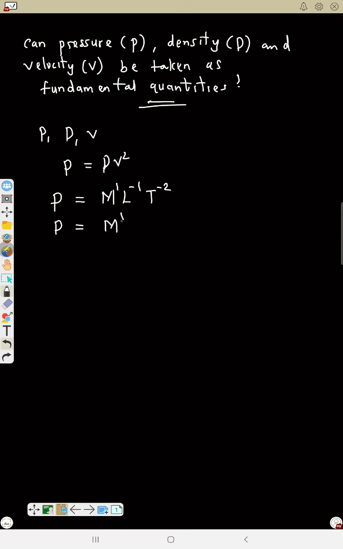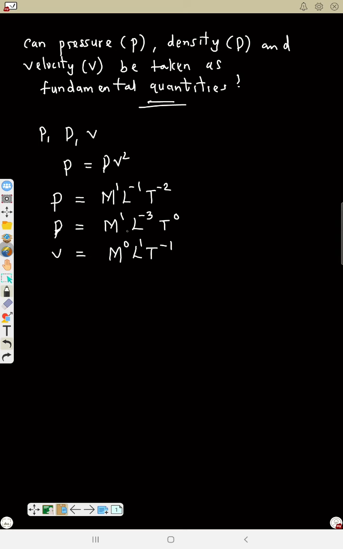That is M raised to power 1, L raised to power minus 3, then T raised to power 0. Density is mass over volume, that is M over L cube. If you check the first video, you will understand all this. Now the last one is velocity. That is L T raised to power minus 1. M is not there, so that will be M to power 0, L to power 1, T raised to power minus 1. Check the video, you see this also.